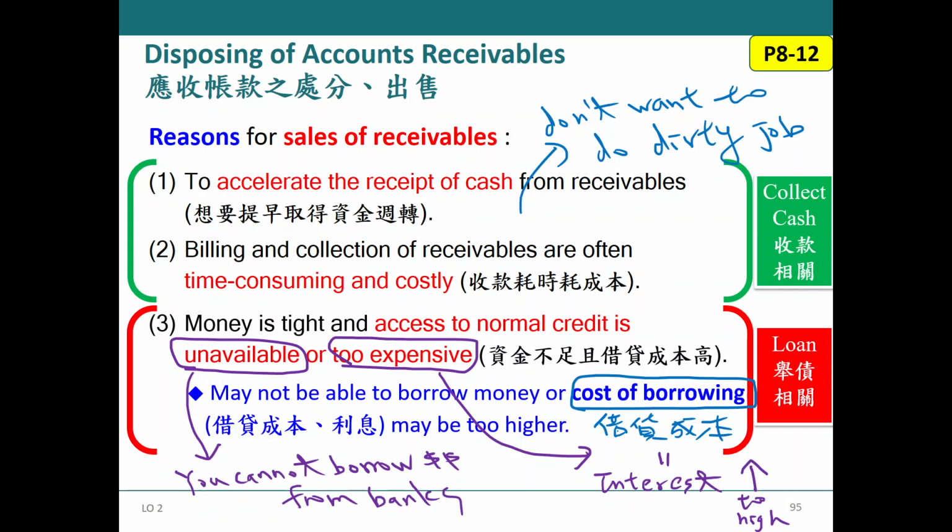Okay? So for the second situation, it means your company has some problems. Okay? Financial problems. So that's why the only way is to sell your assets, including receivables. Okay? Any questions?